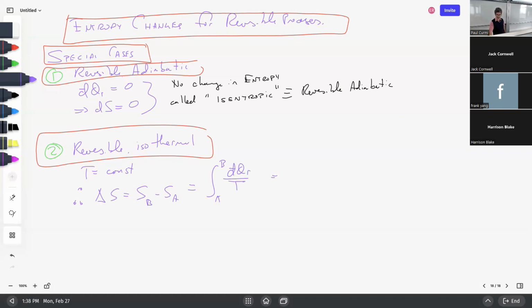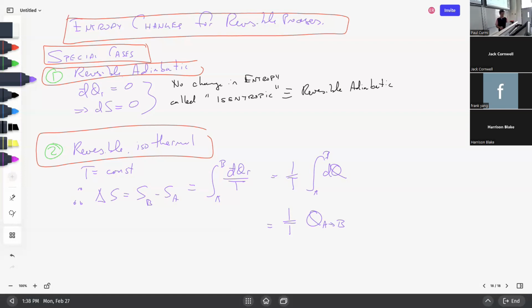So it's going to be equal to 1 on T, integral A to B dQ. And so this is going to be equal to 1 over T times Q, the heat added to go from A to B. Okay? So also a special case because the temperature was constant. So I don't have to deal with it.